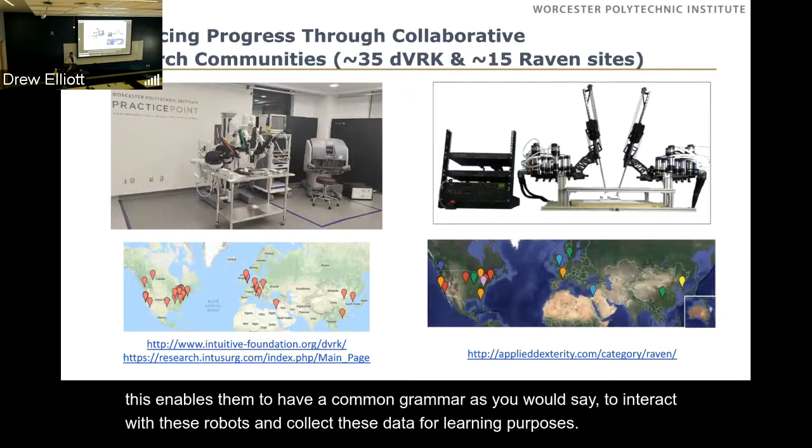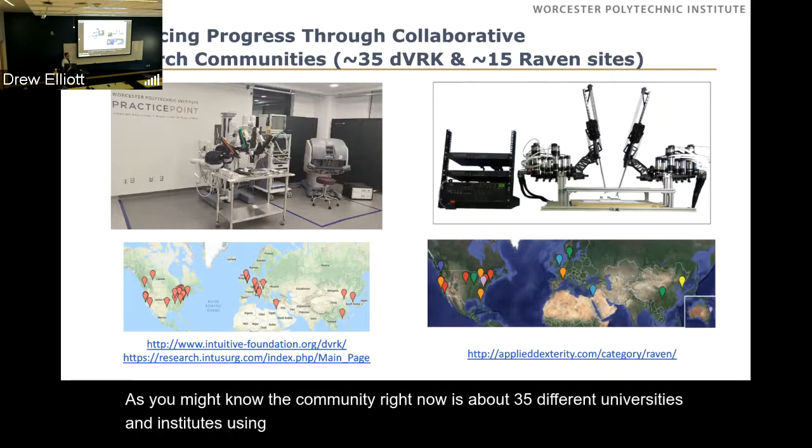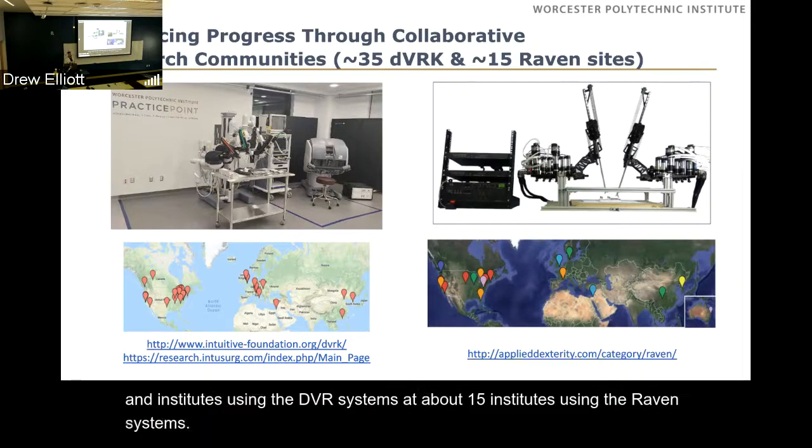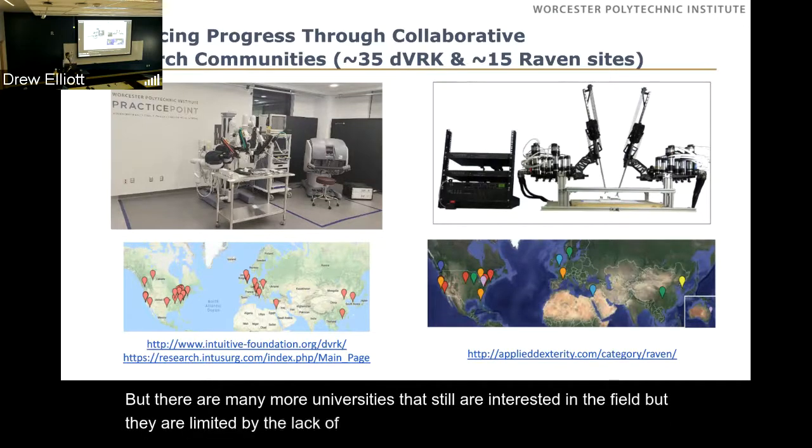As you might know, the community right now is about 35 different universities and institutes using the DVRK systems, and about 15 institutes using the Raven systems. But there are many more universities that are still interested in this field, but they are limited by the lack of access to the hardware.